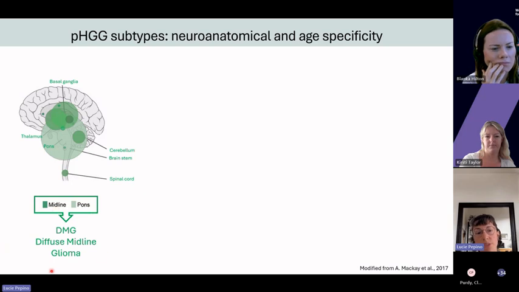So the diffuse midline glioma, DMG, exclusively occurs in midline locations, namely thalamus, brainstem, and spinal cord, areas with restricted surgical accessibility as they carry most of your automated behavior functions, like breathing, for example.